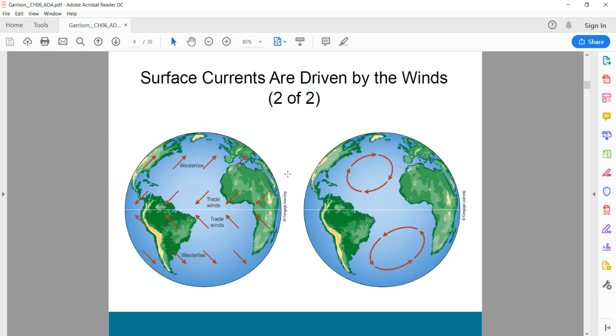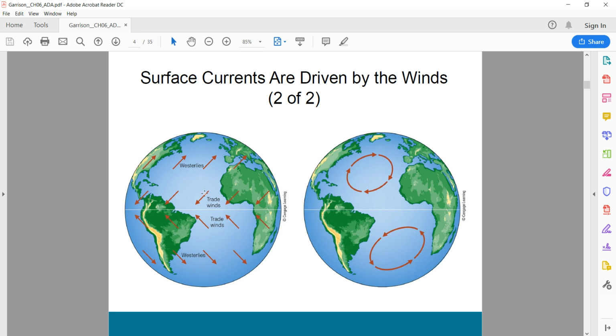So here this is what it is showing. You might remember from the previous chapter, there are two major winds, easterly winds and westerly winds. Here we are looking at the North Atlantic Ocean. This line in the middle represents the equator, which splits the planet into hemispheres.